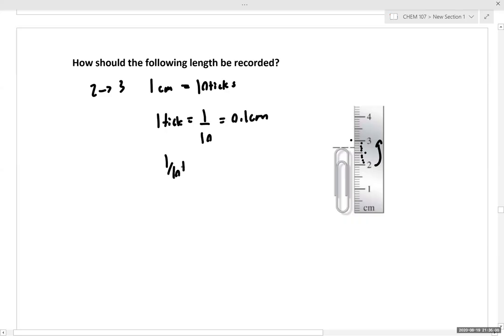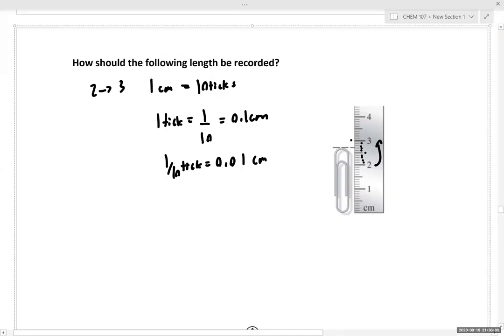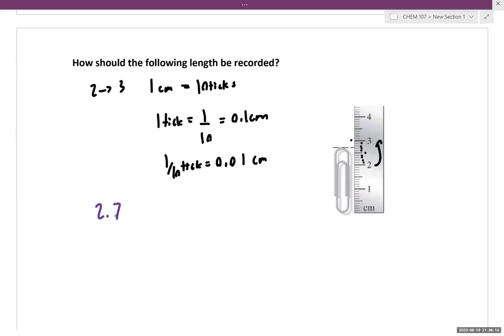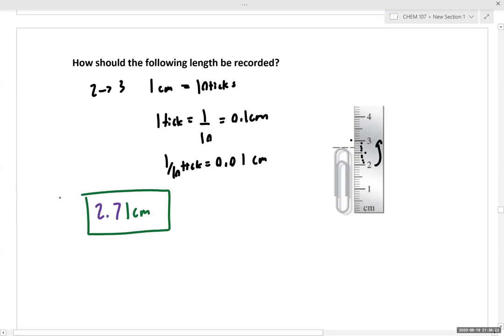And then 1/10 of a tick is equal to 0.01 centimeter. We then report our certain digits, so it's past the mark of 2.7, and then we estimate 1 additional digit. I'll go with 2.71 centimeters. There we go. And all of the responses I see in the chat look perfect.